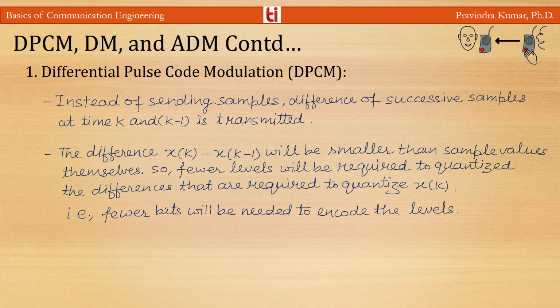The difference x_k minus x_(k-1) will be smaller than the sample values themselves, so fewer levels will be required to quantize the difference than are required to quantize x_k, and correspondingly fewer bits will be needed to encode the levels, and this will reduce the requirement of bandwidth.